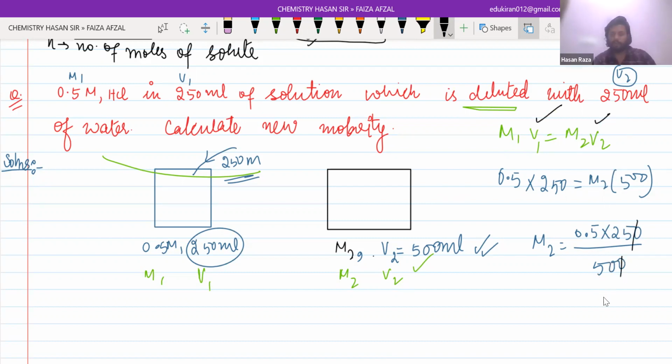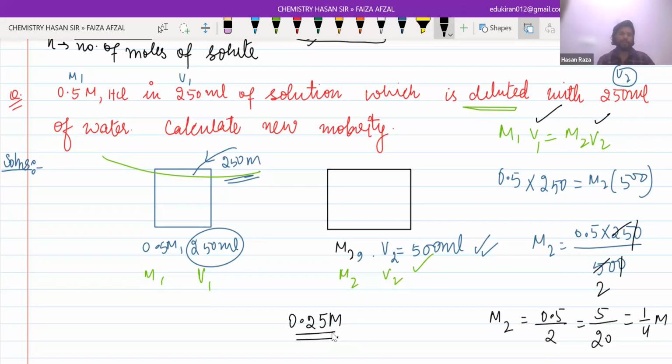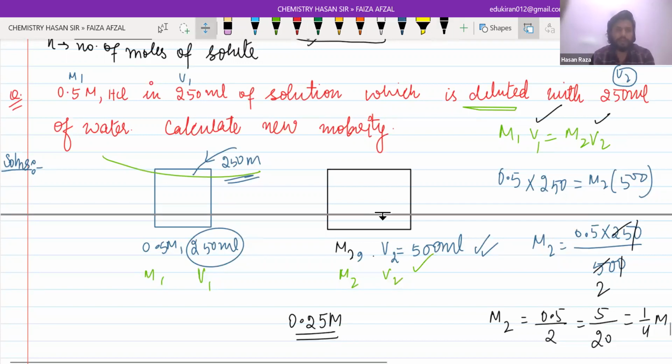So you can see 250 over 500 is one half, so M2 will be 0.5 by 2 M, or 5 by 20, then 1 by 4 M, and it will be 0.25 M, right? Yes, sir. So it is so easy.